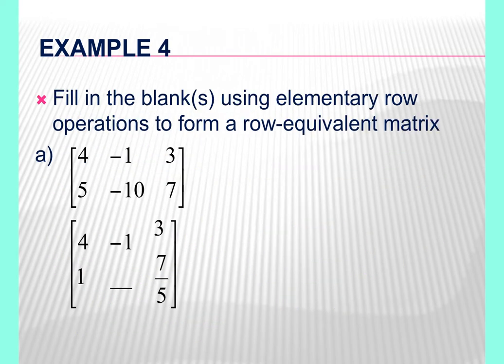All right, this one takes it a step further. Fill in the blanks using the elementary row operation to form a new row equivalent matrix. So now you're taking your first, go to your second, you're figuring out what they did, and then you're doing it to the missing space. So what's the difference between the first matrix and the second one? Second row is being multiplied by?